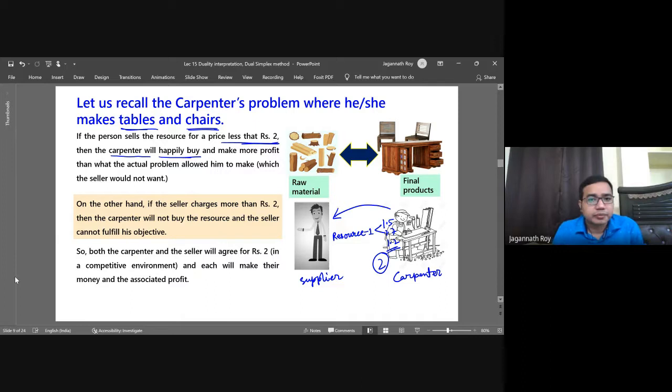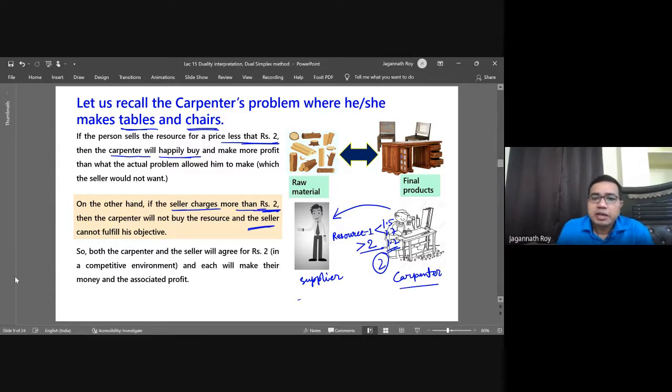On the other hand, if the raw material supplier sells this product at more than 2, then the carpenter will not buy, because it will make a loss for the carpenter, and the objective cannot be fulfilled.